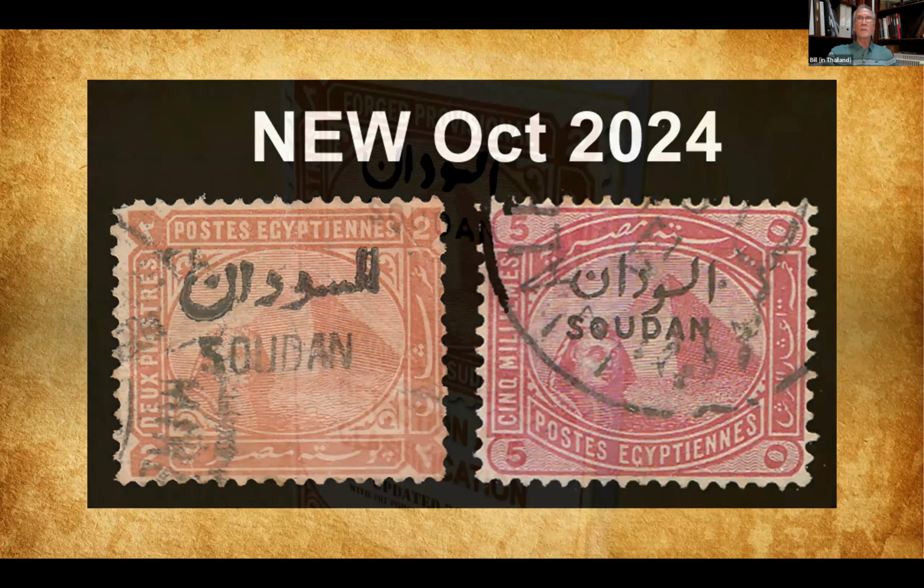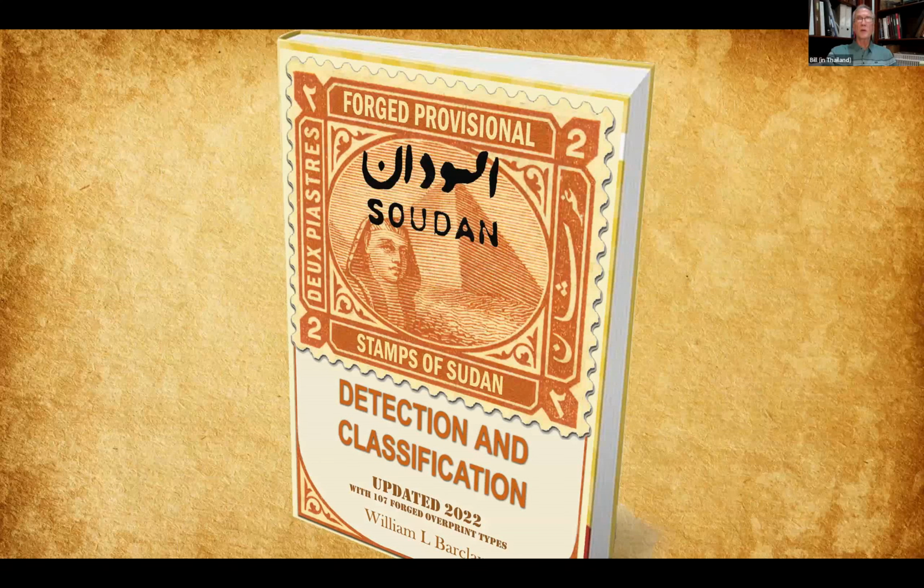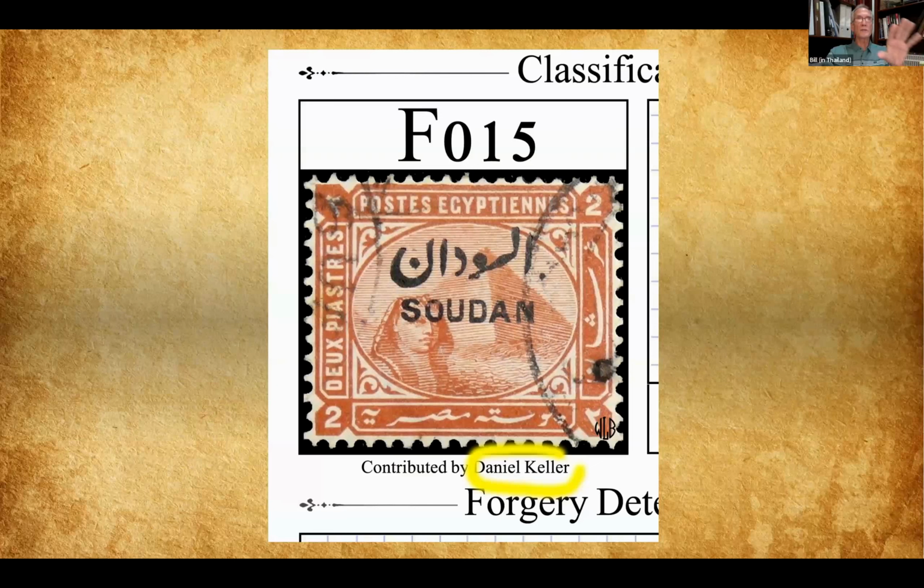My intention is to have my study updated by early 2025, and hopefully this presentation will encourage collectors to share with me stamps that they believe may be new forgeries. And for those who do, please know that I give credit to the person who has offered the forgery.